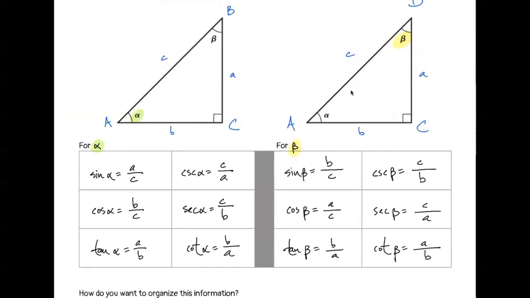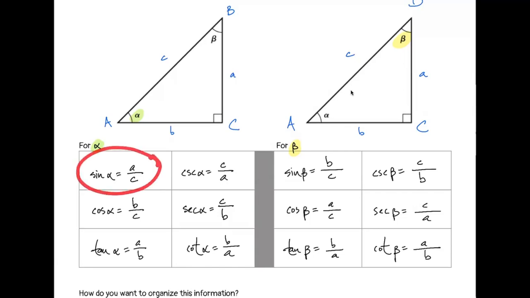What else do we see? Swapping the A's and B's, yeah. Let's look at this one.